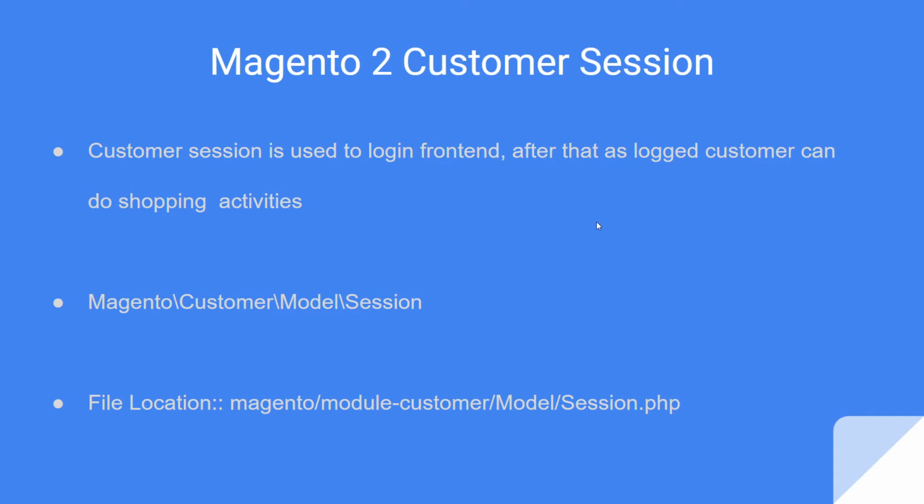During all these activities, the customer session is maintained across pages. In the same way, it is stored by ID in the database also. The model is Magento customer model session. File location: Magento/module customer/model/session.php.